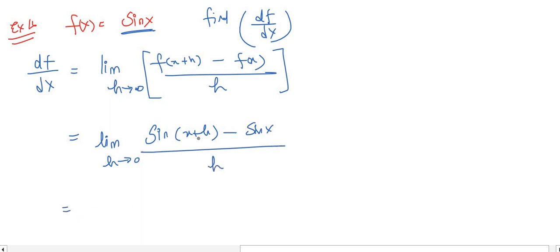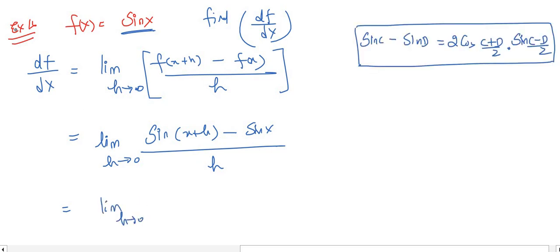What is the sin c minus sin d formula? Let me write it down. This is the formula: sin c minus sin d is 2 cos of c plus d by 2 into sin of c minus d by 2. This you will learn in the trigonometric chapter. Here this part is c and this part is d.